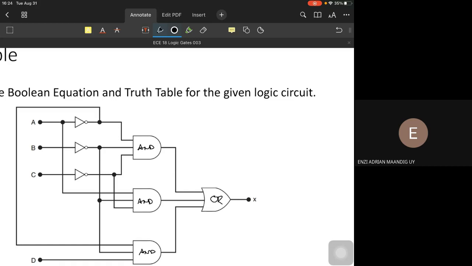So, try, sir. Sige daw. X is equal to AB bar, ABC bar. Tanan nakabar? Yes, sir. Plus A, B prime, C prime.